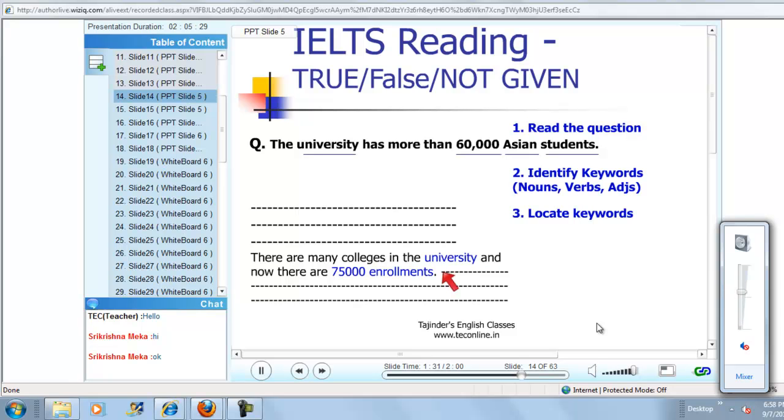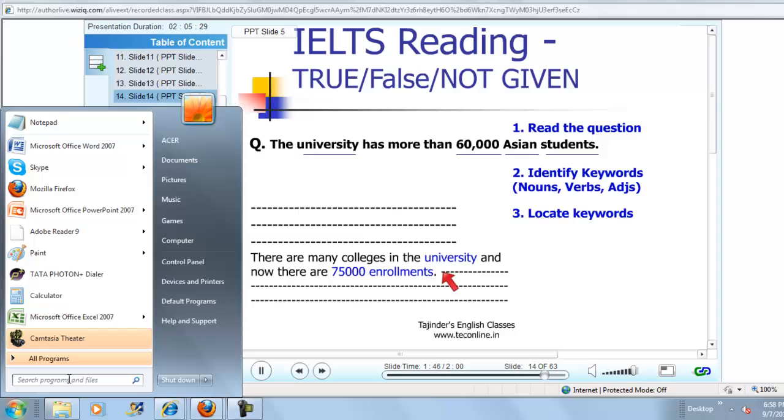So you think it is a contradiction? Yes. So the answer is false.